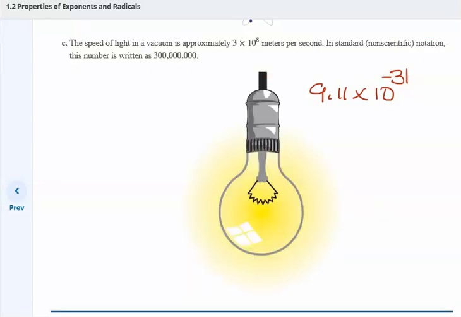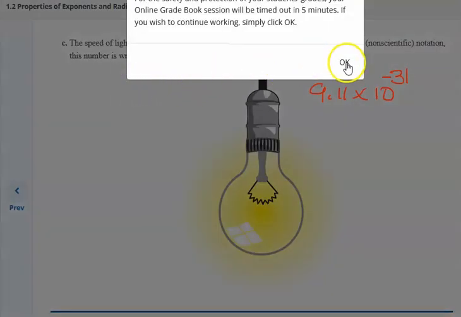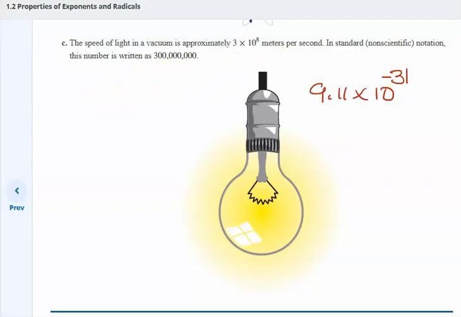Now for item C, they're talking about the speed of light in meters per second. What would that look like if we write it out here? And the answer would be 3 times 10 to the 8th. So we need to have 8 decimal places.